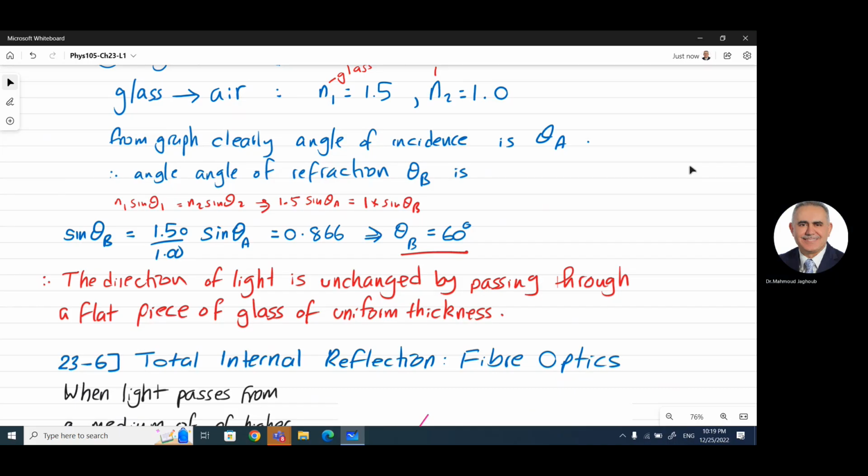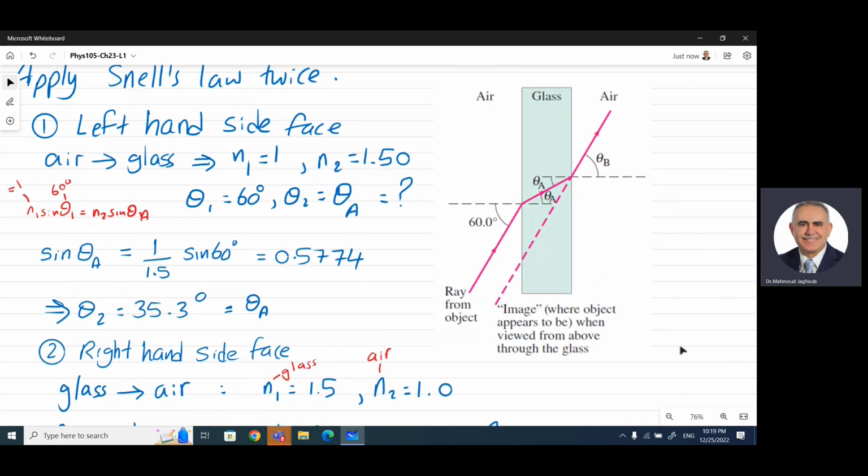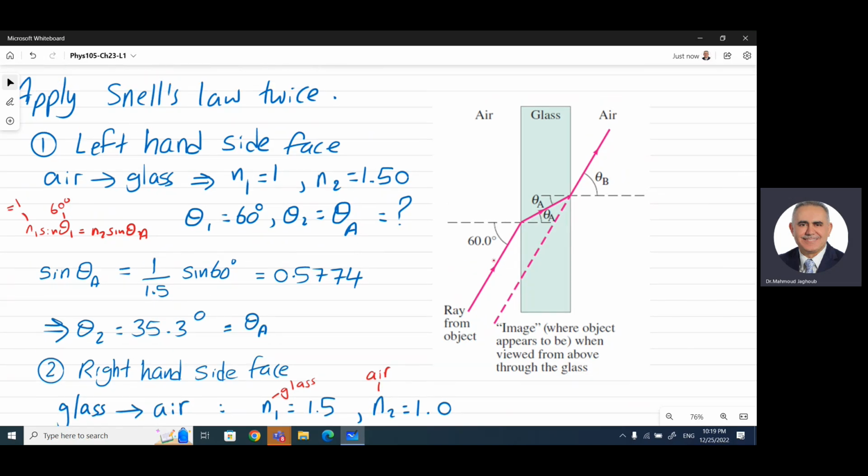Try it. Try it with your glasses or with a pane of glass. Put it in front of your eyes and remove it suddenly. And as soon as you remove it, you will notice a shift in the picture in front of your eyes. This is all due to light being refracted as it moves from air into glass and as it moves from glass back into air.